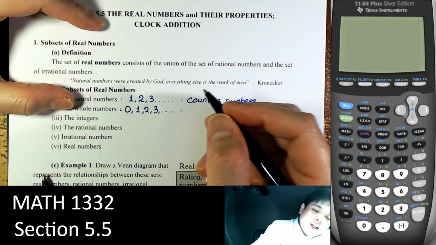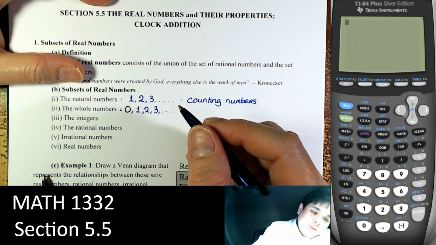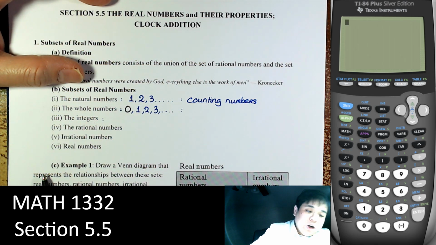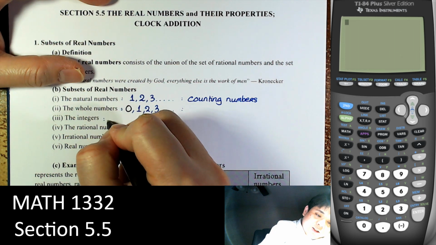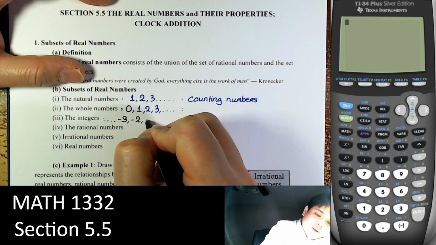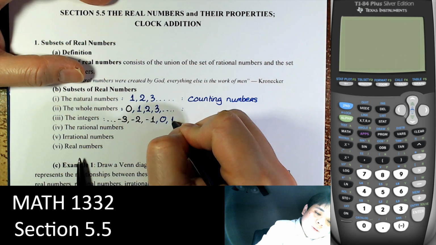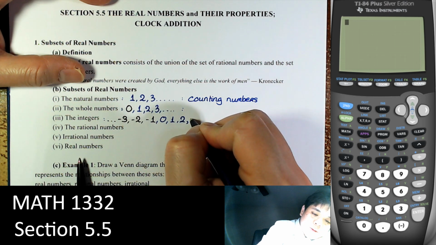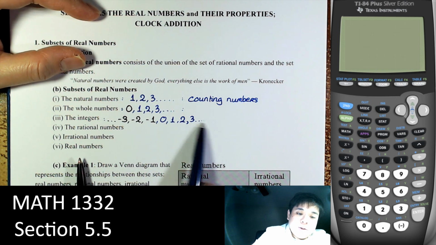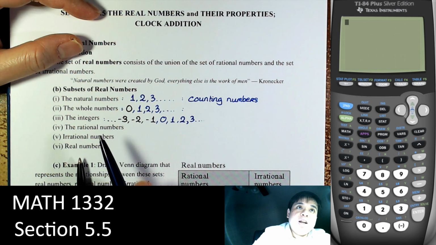And so this set is called the whole numbers, so just add 0 to it. The integers, what we add to it is all the negatives. So we have counting numbers, add 0, whole numbers, add all the negatives, integers.